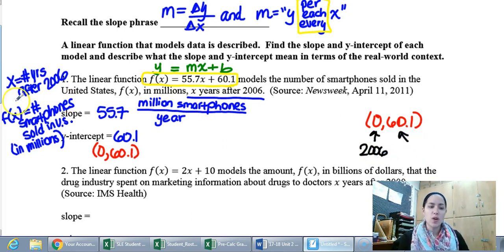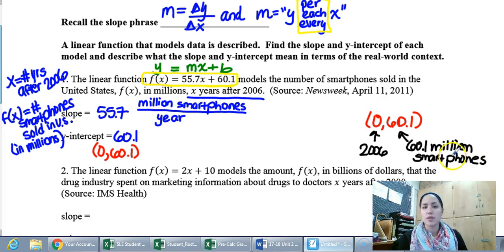And 60.1 is the number of smartphones sold in the US in millions. So 60.1 million smartphones. So the initial value, the number of smartphones that were sold in 2006, was 60.1 million.